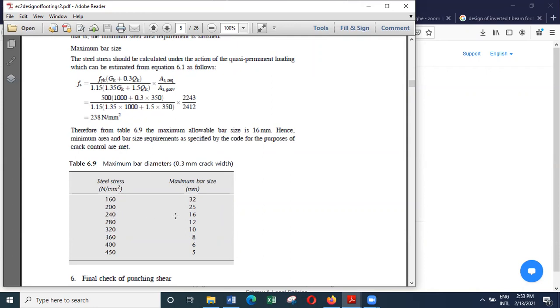Or you can go with a smaller diameter. The general rule is that it's always preferred to have a larger number of small diameter bars than fewer large diameter bars, unless the large diameter bars also result in closer spacing.